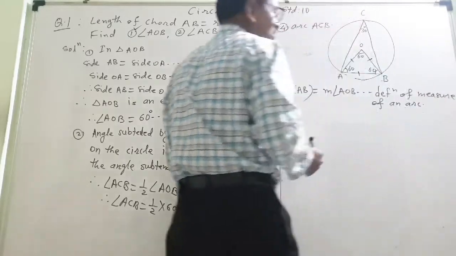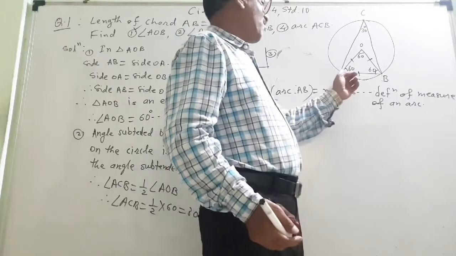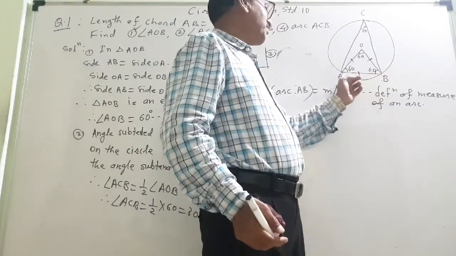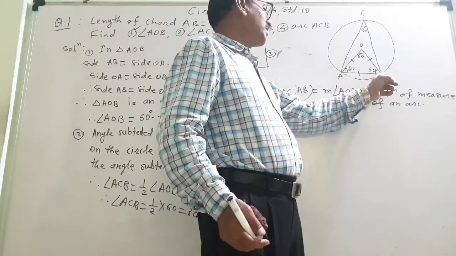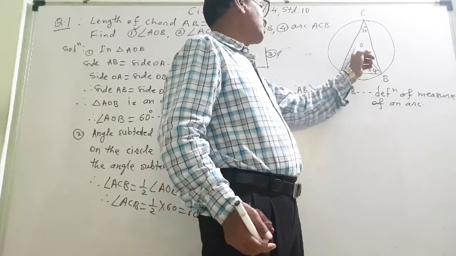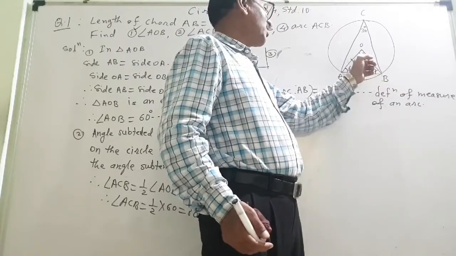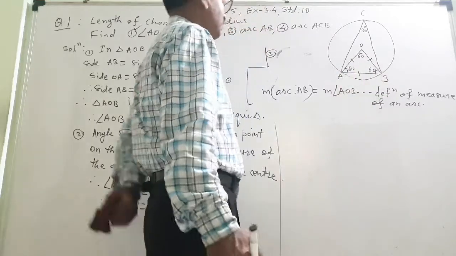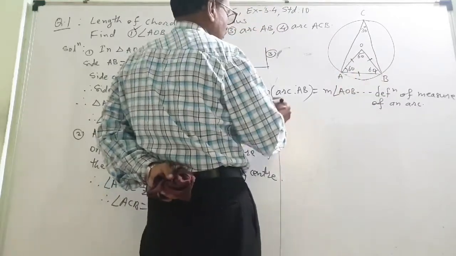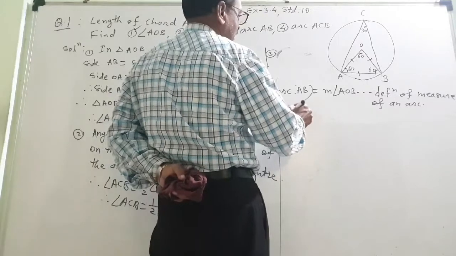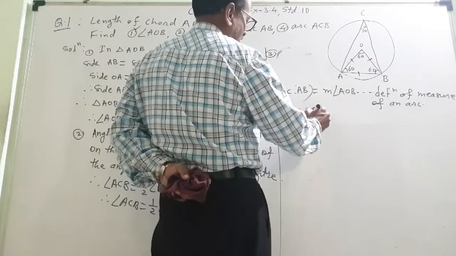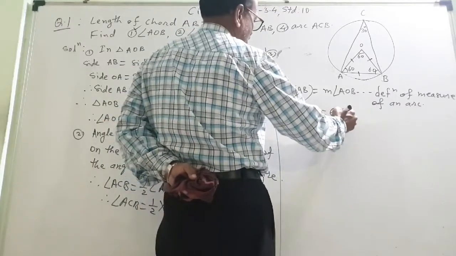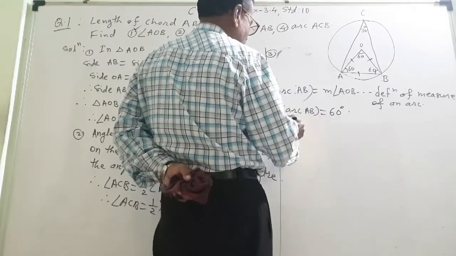What is the definition of the measure of the arc? This measure of this arc is nothing but these two end points join with the center. This measure of the central angle is nothing but the measure of the arc. Therefore, measure arc AB equal to 60 degree. And now the fourth one.